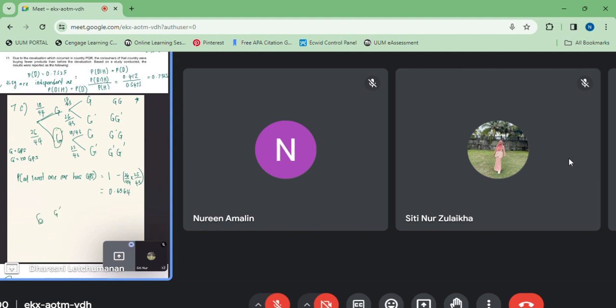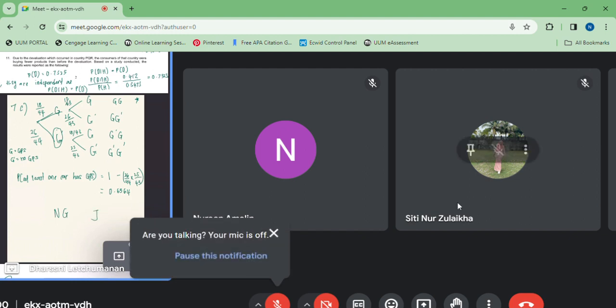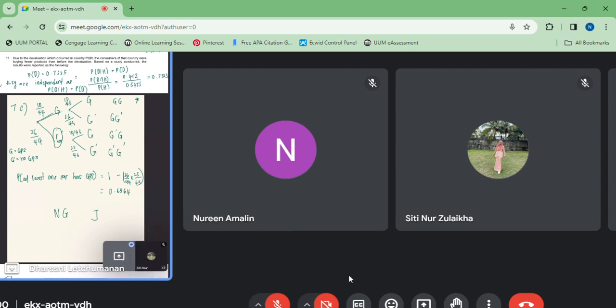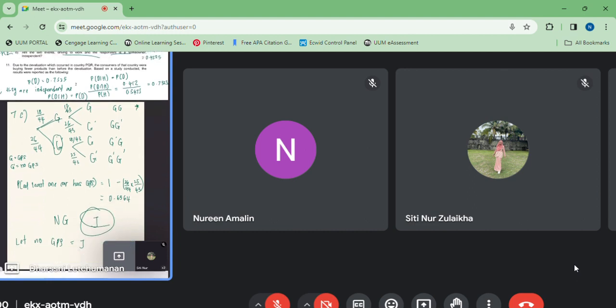But sometimes if you feel confusing, you can just put as no. You can just write no GPS, or you can change the variable to maybe J, whatever you think is relevant lah. But before you put your own variable there, make sure you write: let no GPS equals J. You need to write this, you can't just simply put J and expect your lecturer to understand it. So you just do like this, 18 and this one, and then you do the branches again. It'll become 17 over 43, 26 over 43, and then these are the outcomes.